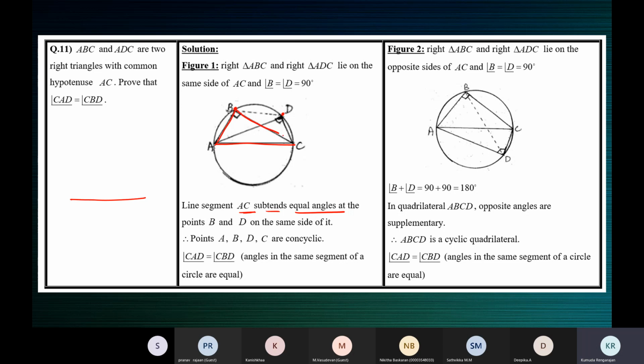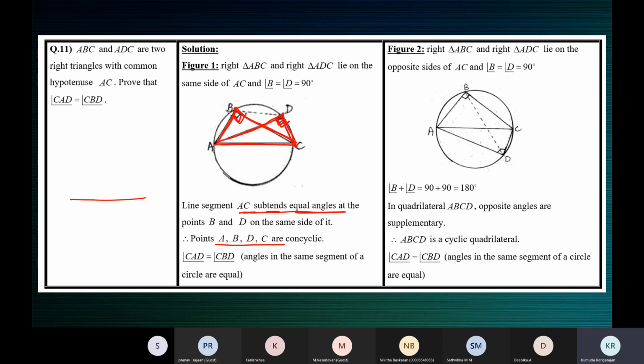Here, ABC is equal to ADC because both are equal to 90 degrees. The line segment AC makes two equal angles, ABC and ADC, at 2 points B and D on the same side of it. So if these conditions are satisfied, then the 4 points are concyclic.